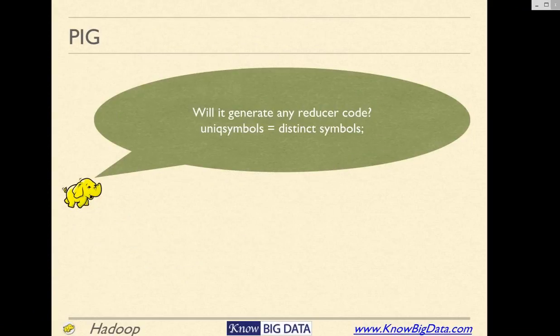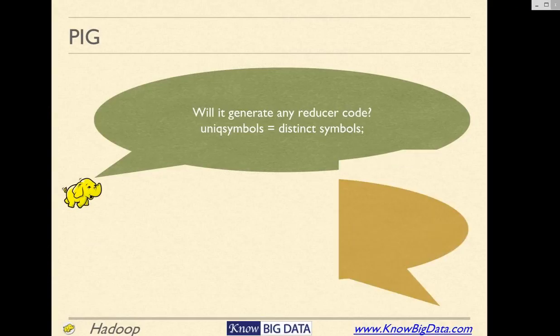Okay, so a quick question here. Is this gonna generate any reducer code? What do you guys think? Unique symbols is equal to distinct symbols. Will this generate any reducer code? Okay, I see that my class is really following. Most of you are saying yes. Why do you think it will generate any reducer?